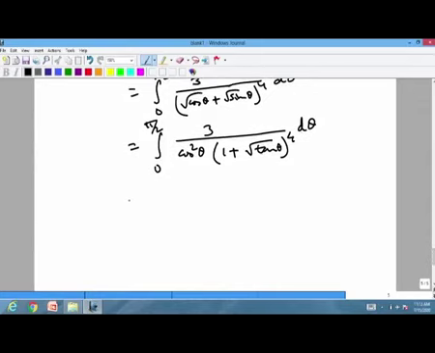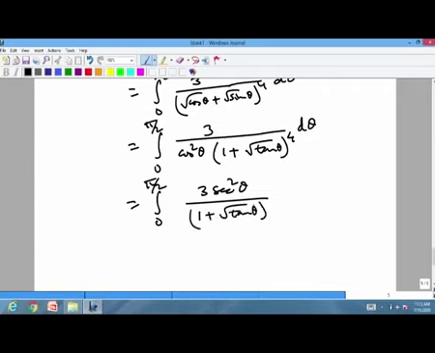So, now we got tan theta, and I can bring in the numerator 3 secant square theta by (1 plus root tan theta) raised to power 4 d theta.